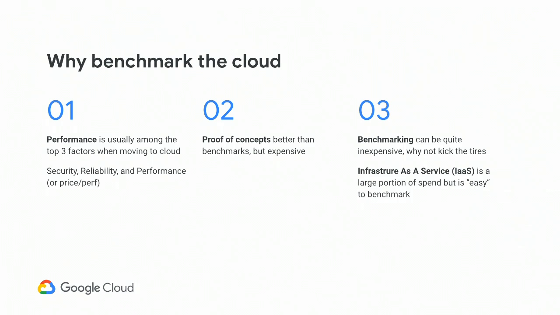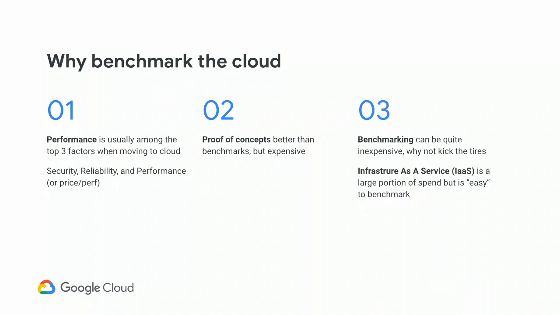So it's moderately important. The best way to get performance data is by doing POCs, of course. So you take all of your apps, you somehow come up with some model where you can bundle a good percentage of them up, the crucial parts that you believe, you move them up to the cloud, and you run that. The problem with POCs is that they're quite complicated and expensive. So they're the best, but expensive.